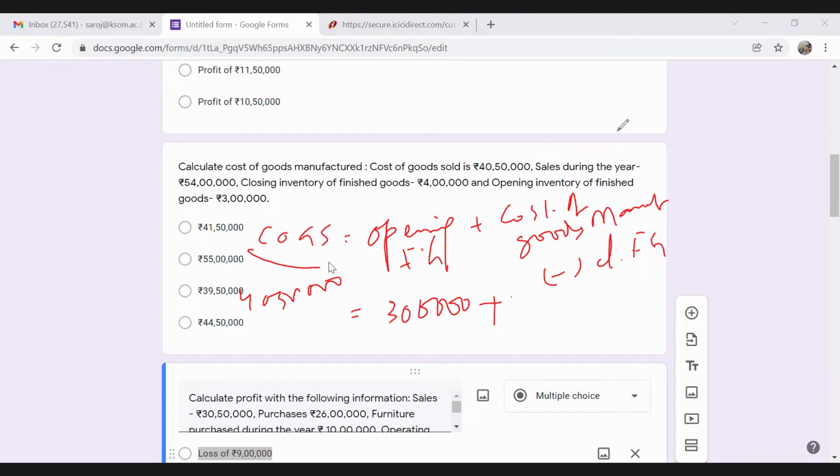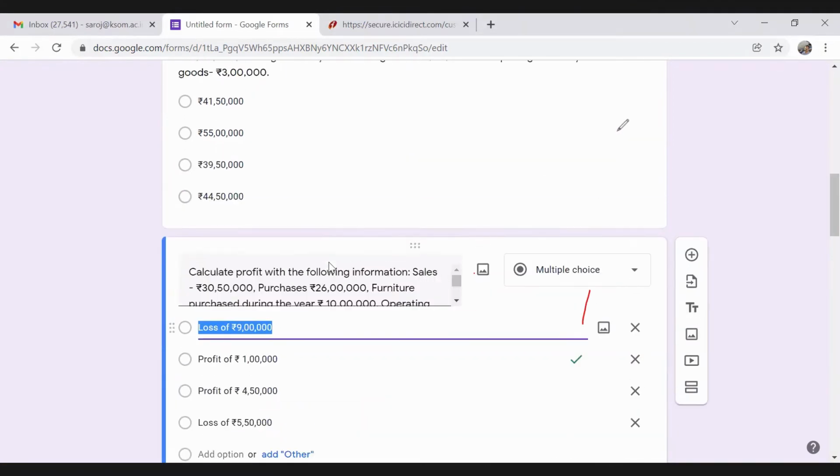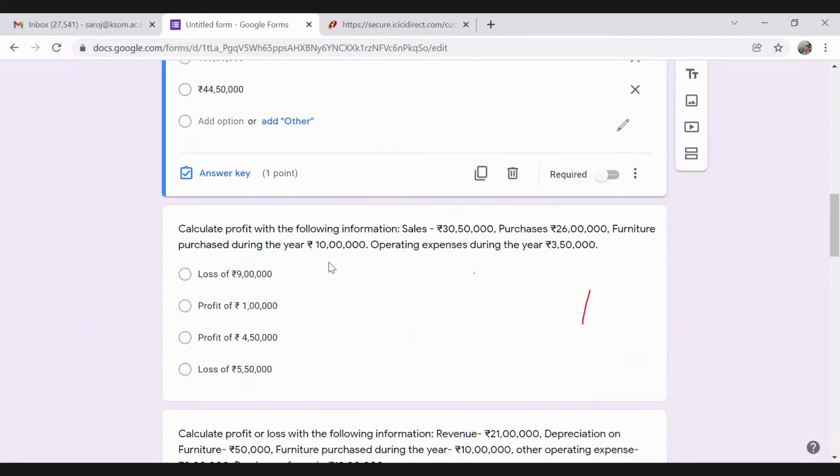Cost of goods manufactured, take X. Closing finished goods is 4 lakhs. You take it to the other side. 4 lakh is added, 44,50,000 minus 3 lakh, 41,50,000. Yes. Next question.